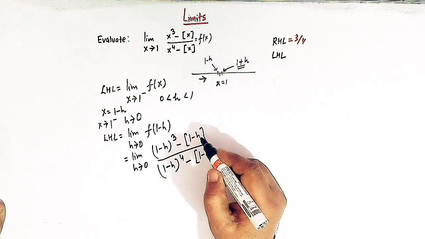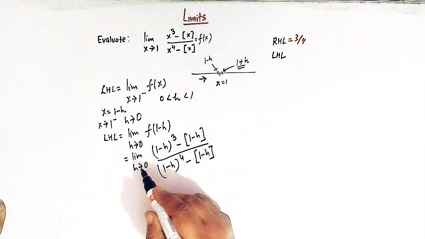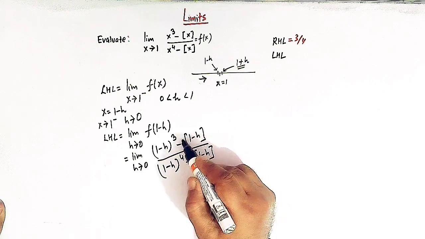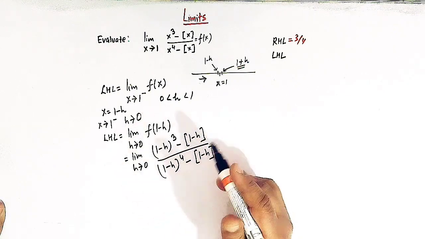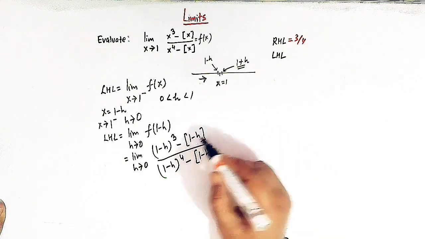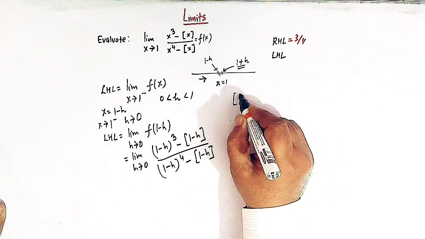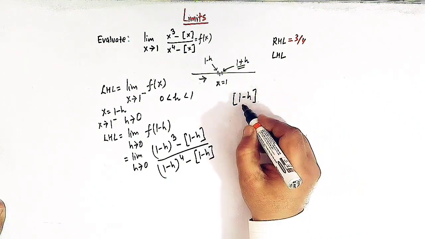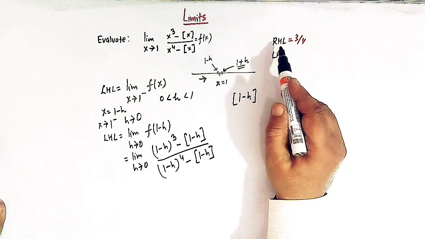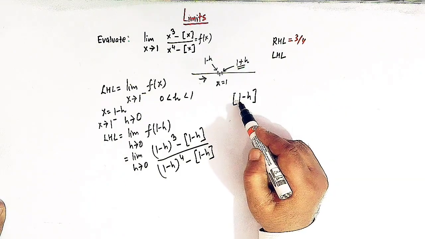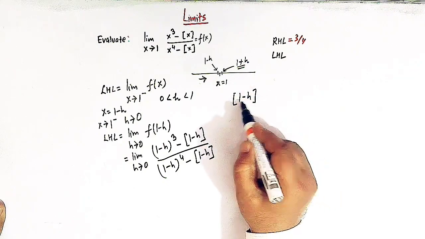Now again the same thing, we cannot substitute h equal to 0 directly in the expressions containing the greatest integer function, right? So we'll separately find out the value of the greatest integer of 1 minus h. Now see, when we calculated the right hand limit, we had 1 plus h. Here we have 1 minus h.